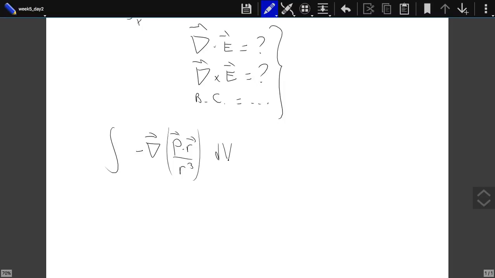So how shall we evaluate? You would use the Gauss theorem, and it says that this is equal to minus 4 pi over 3 p. So how can we prove this?